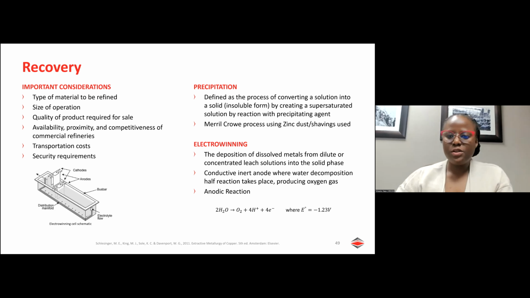The important things to consider are the type of mineral that you are going to be refining, security requirements around the handling of your high-grade concentrate material, the product quality, and the purity of the gold that you are producing.